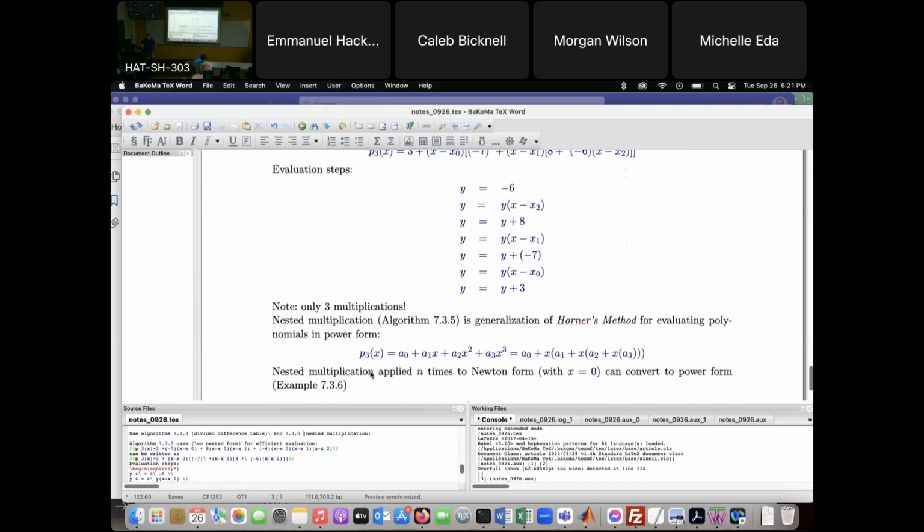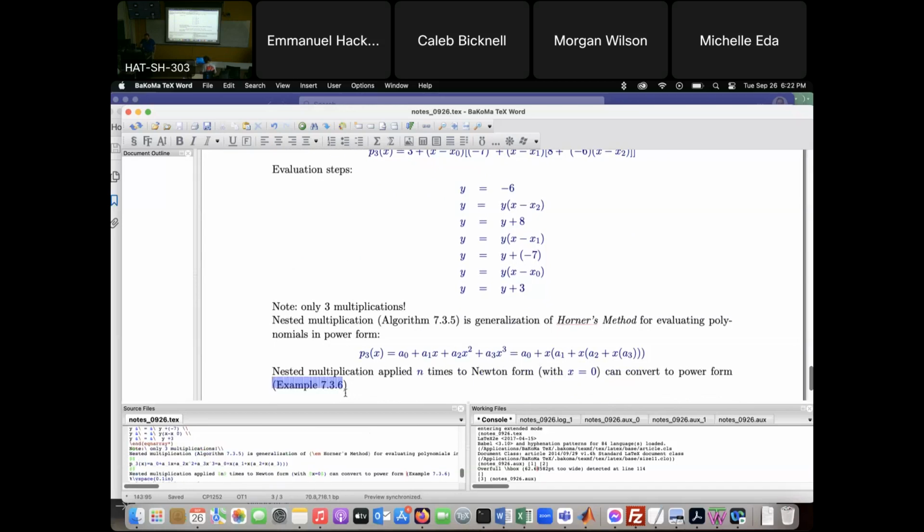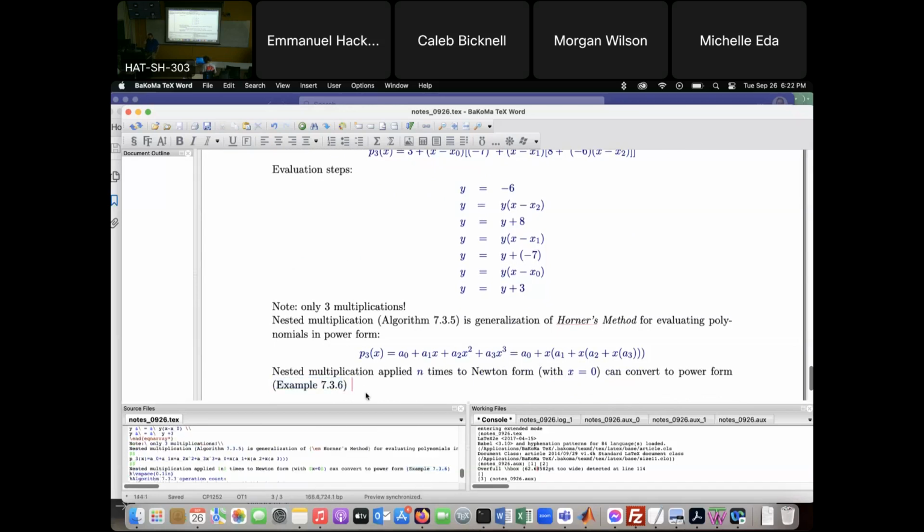If you apply nested multiplication to the Newton form of your polynomial n times, where n is the degree, by plugging in x equals 0, you can actually use that to convert the Newton form to a power form. And there's an example in the text that shows how that's done.